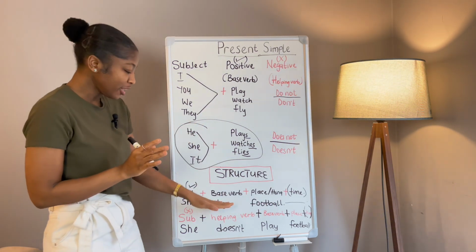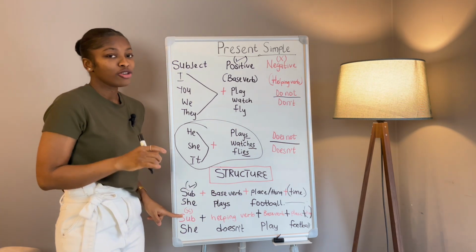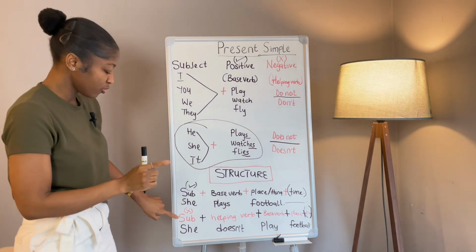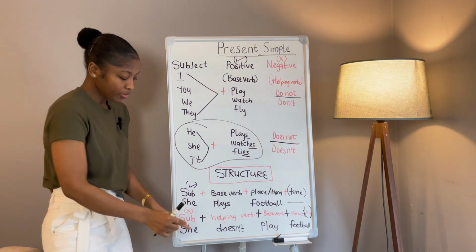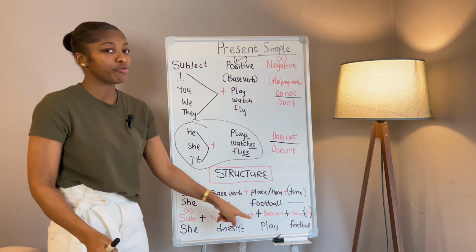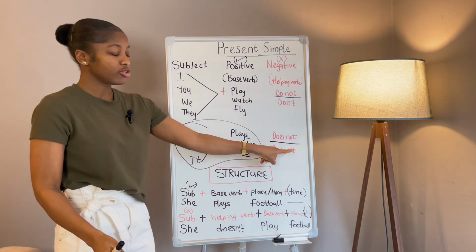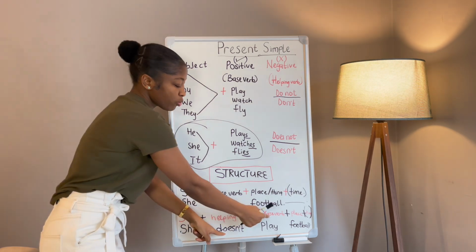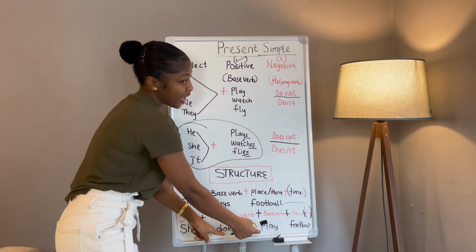Let's try to change this positive sentence into a negative sentence. So when making a negative sentence, the first structure is to use the subject. So the subject here is she. So she, followed by the helping verb. Because it's she, we use does not or doesn't. So she doesn't, followed by the base verb, which is she doesn't play.